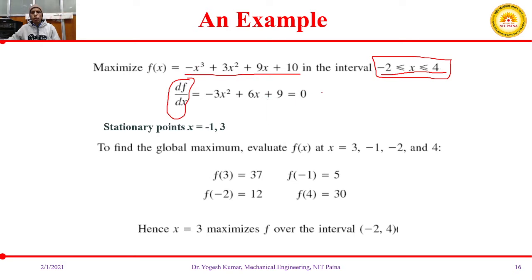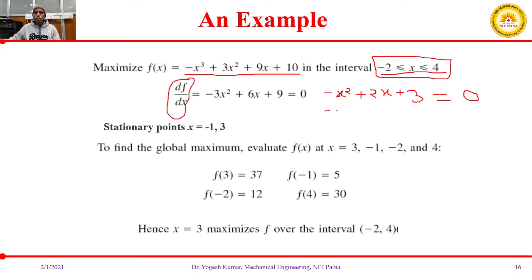If you solve this, it will become minus x squared plus 2x plus 3 equal to 0.